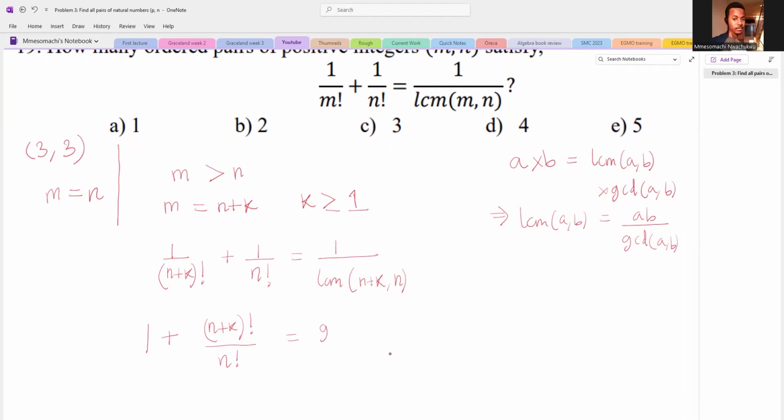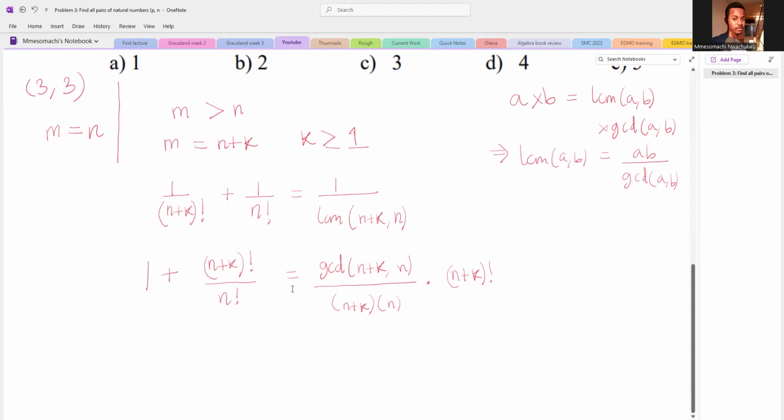That would be the GCD of n plus k and n all over n plus k times n. So that's what 1 over the LCM of n plus k and n is equal to. Then times n plus k factorial.